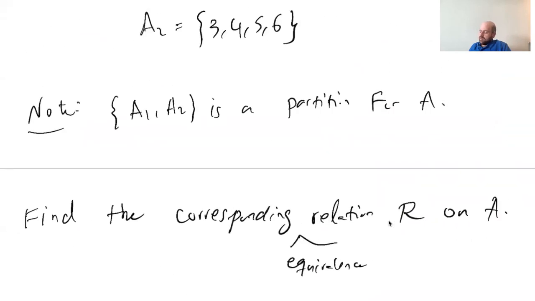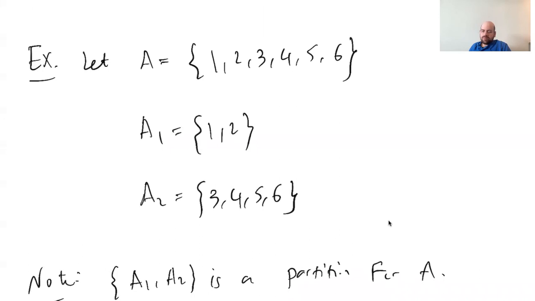And so on. But for example, look at 1 and 3. 1 and 3 are not in the same capital Ai, and therefore (1, 3) is not in R. Or similarly, for example, 2 and 3. 2 and 3 are not in the same capital Ai. One of them is in capital A1, one of them in capital A2.